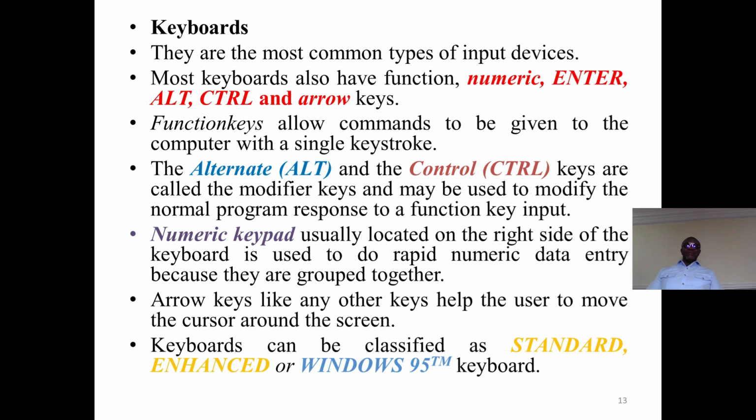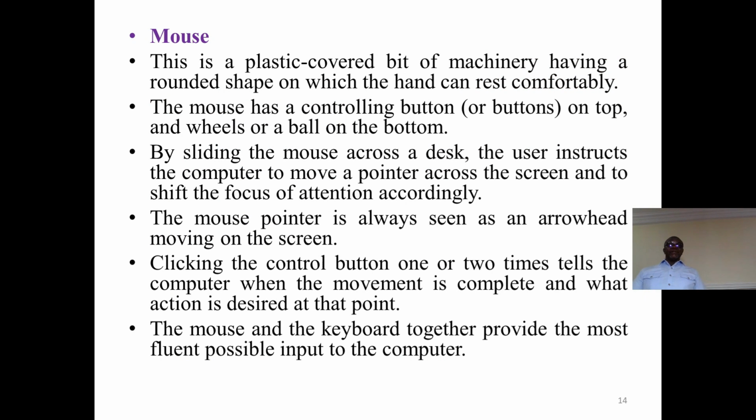If you look at the keyboard, you see keys like numeric keys, enter, alt, control, and arrow keys. You also have the function keys. Keyboards come in different standards, which we classify as standard, enhanced, or Windows 95 keyboard.